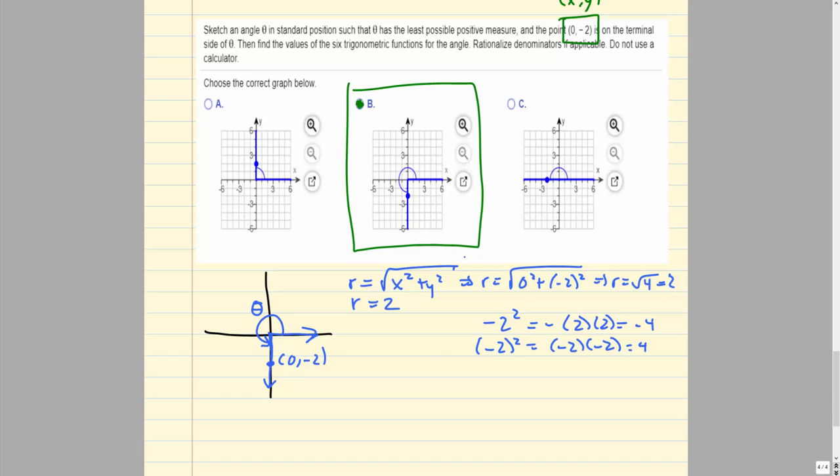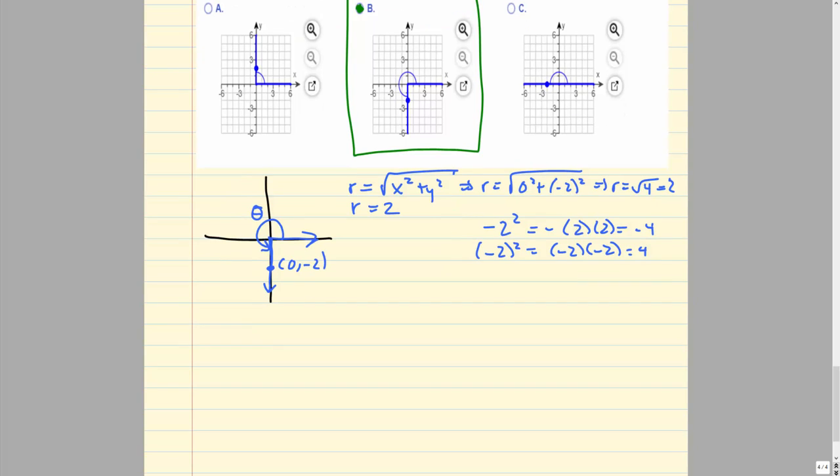Okay, so now what are we looking at here? We want to start with sine. So sine of theta is y over r. Remember, this is our x and our y value. So in this case, y is -2. r, in this case, is 2 from up here. So we get -1.